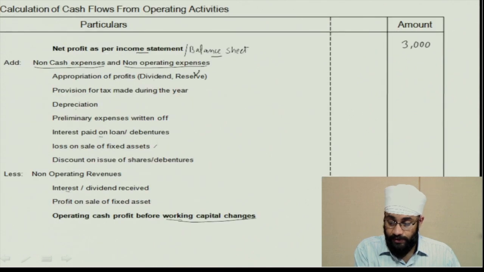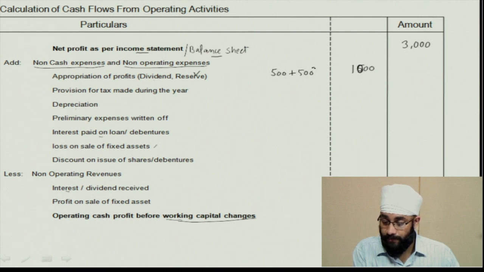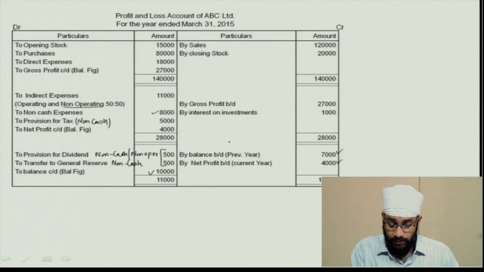So for reserve, we have 500. And for dividend, we have another 500. So let me just write it as 1,000 here. So 500 plus 500. Then you have provision for tax made during the year.